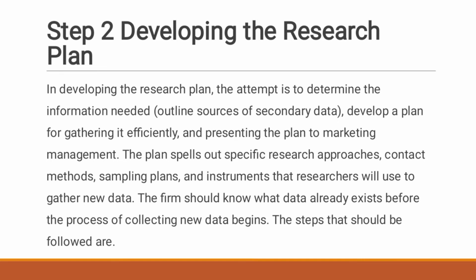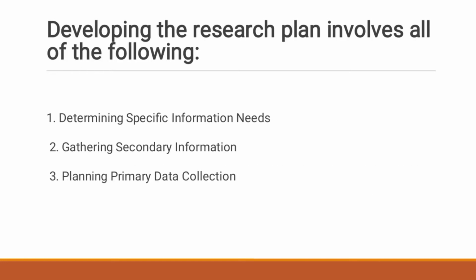The firm should know what data already exists before the process of collecting new data begins. The steps that should be followed are: first one, determining specific information needs; second one, gathering secondary information; and third one, planning primary data collection.